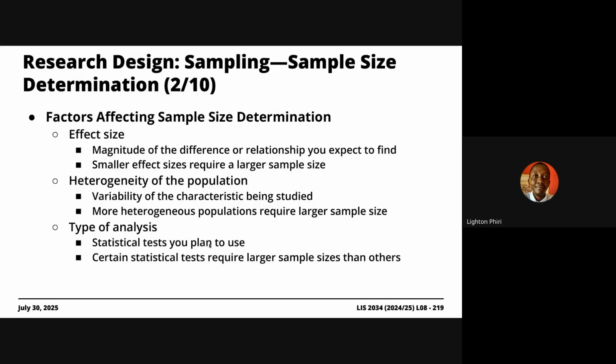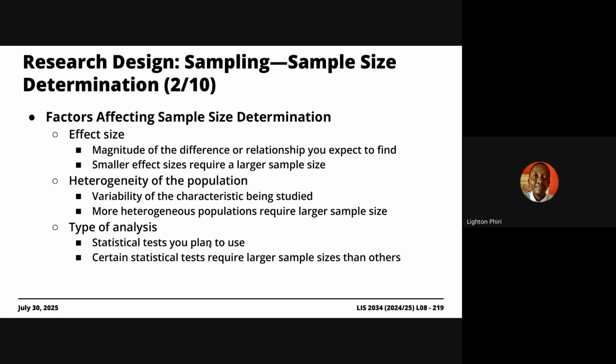UNZA is a classic example: different genders, different ages, different programs, different schools, different departments. Insane stuff here. And because you have all of these different variabilities, you need a significantly larger size to take these things into account.